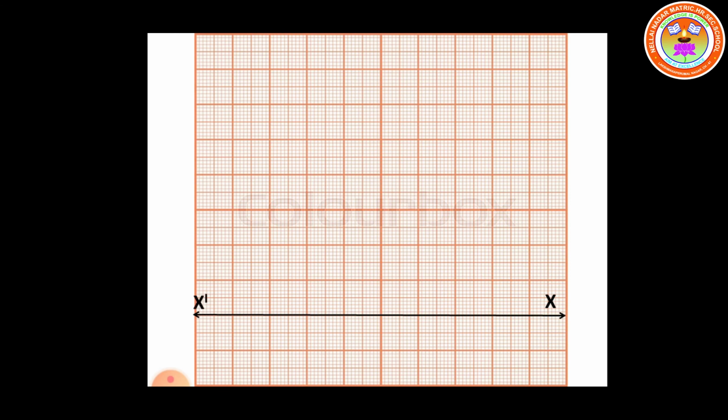Give the name X dash. Draw the y-axis. Give the name Y dash. And the intersection, the origin, is nothing but 0, 0. In the x-axis we are going to represent ages, and in the y-axis the number of patients.